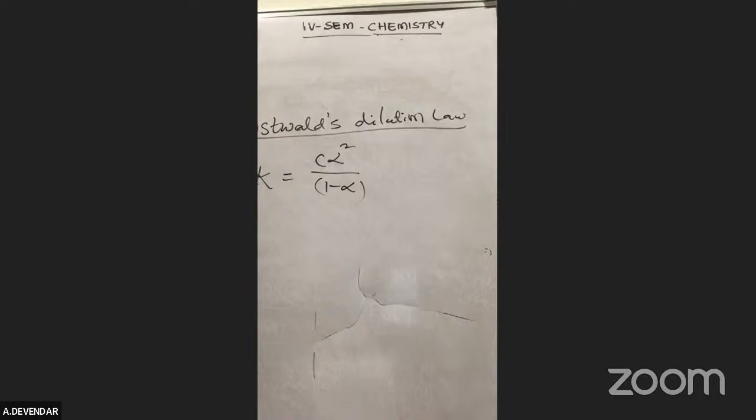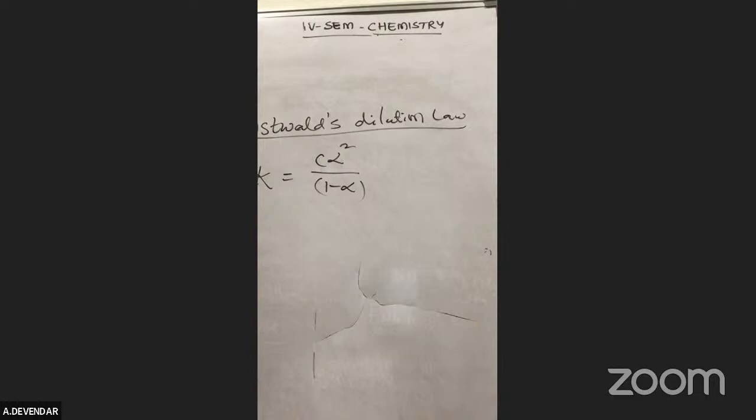Isomerism is very important. D and F block are very easy: variable oxidation state, magnetic property, and color property of complex compounds.